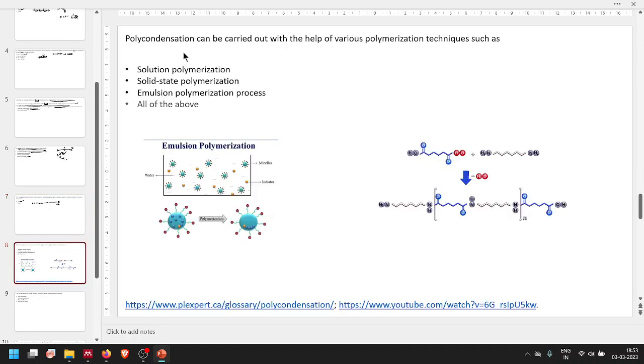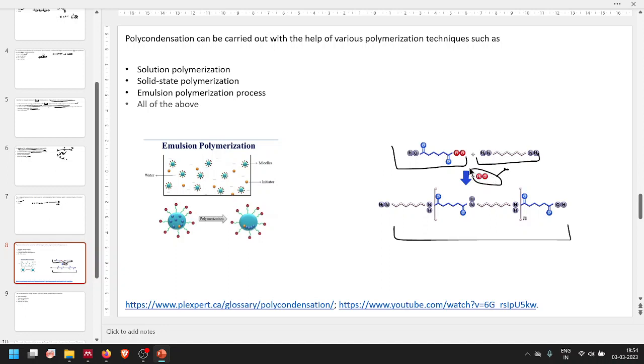Moving on to the next question. Polycondensation can be carried out with the help of various polymerization techniques such as solution, solid state, and emulsion polymerization. This is also a very straightforward question, which shows condensation polymerization, as shown in the example right here. We can see that we have two monomer groups, and when they combine, they shed a water molecule, giving rise to the polymeric species.